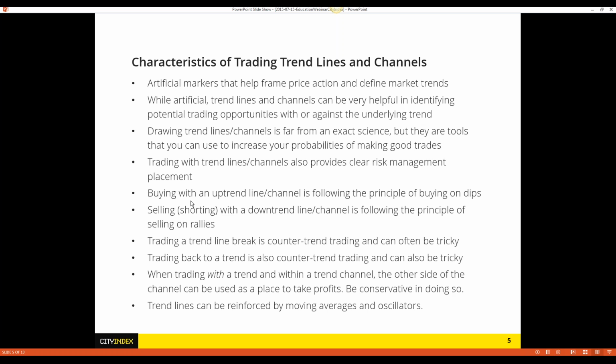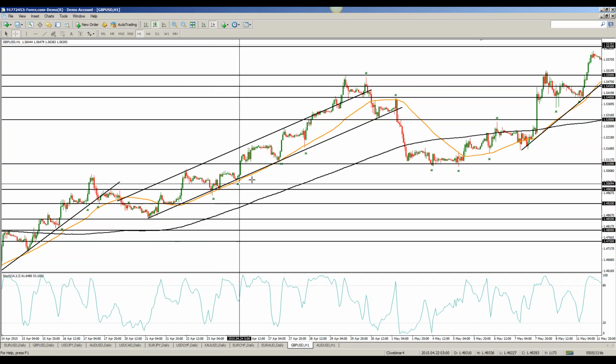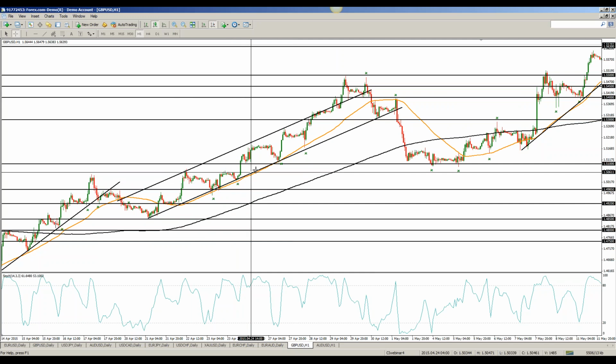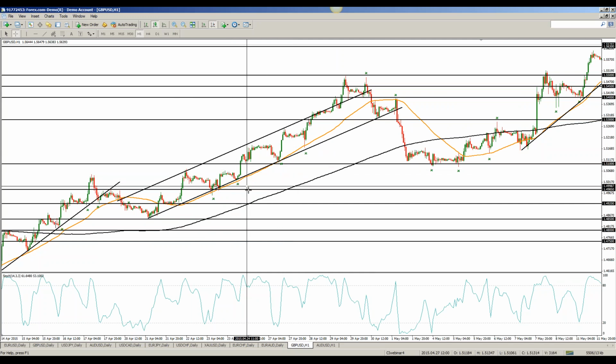So what I was talking about before was buying with an uptrend line or channel is following the principle of buying on dips. If you take a look at this uptrend channel right here, what am I talking about when I'm buying at the low? After it reaches and bounces off the trend line, I'm talking about buying on dips.